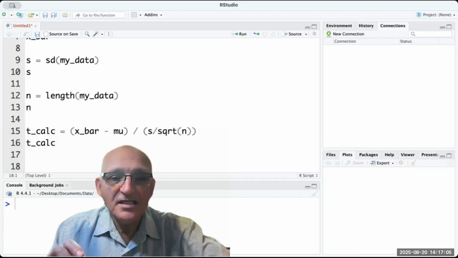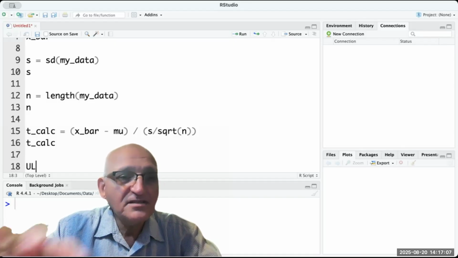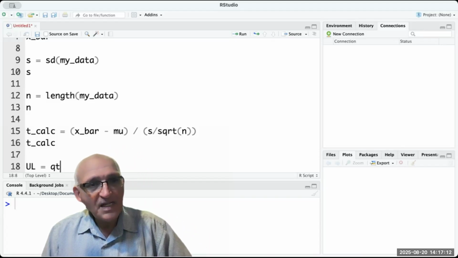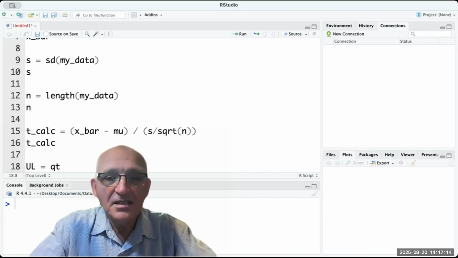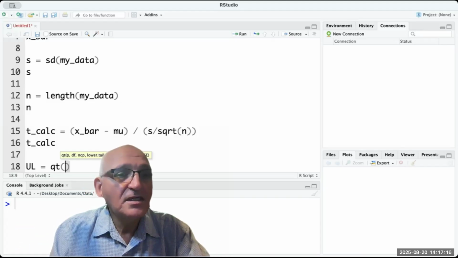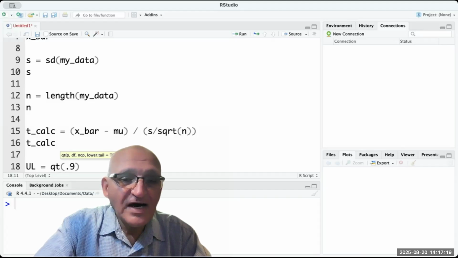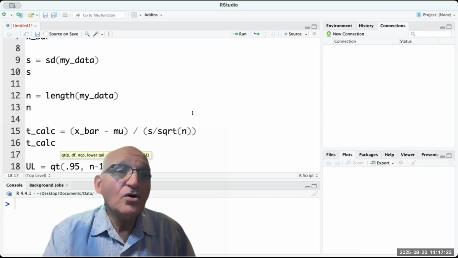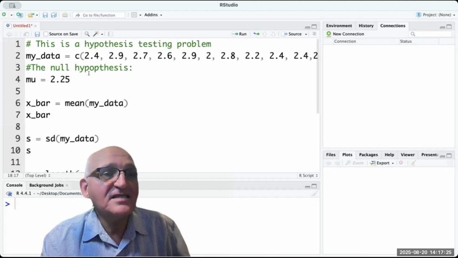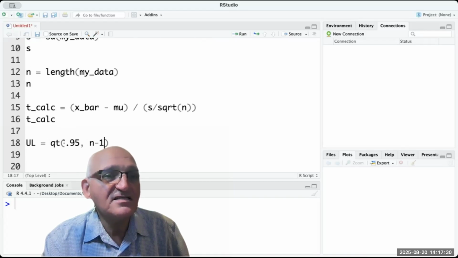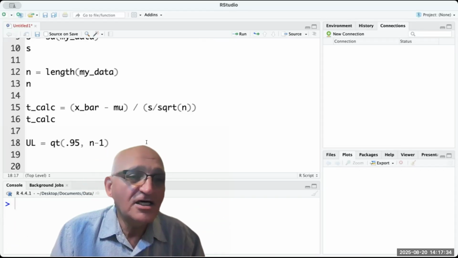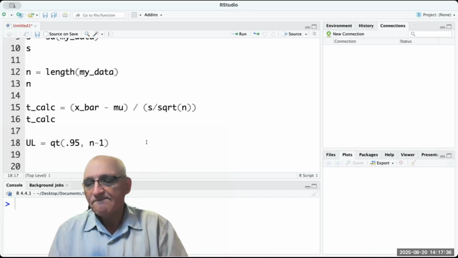So I'm going to say upper limit, for example, equals qt, meaning the inverse t of 0.95 and n minus 1 degrees of freedom. Or, in fact, if I had said alpha equals 0.05, I can say this is 1 minus alpha and degrees of freedom. So I don't use numbers at all in my function, right?